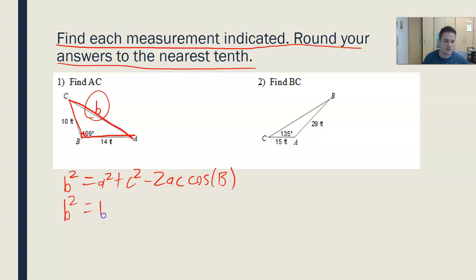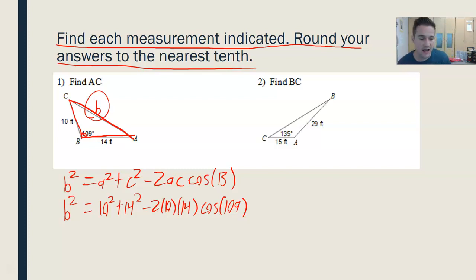So B squared is equal to 10 squared plus 14 squared minus 2 times 10 times 14 times the cosine of 109.